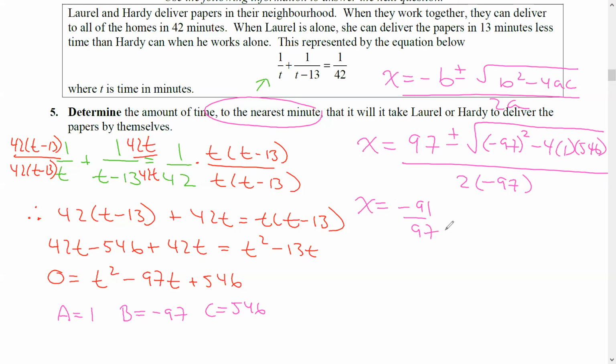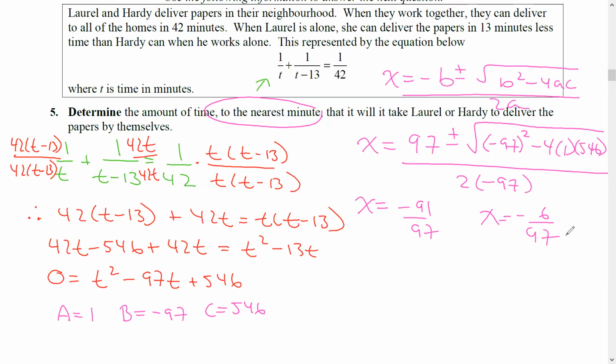And I get my second answer is this. Well, I say to myself, ooh, x is time in this question, or t. I wrote x. I got two negatives. Well, what does that mean? Means I screwed up somewhere, right? So this is going to happen.